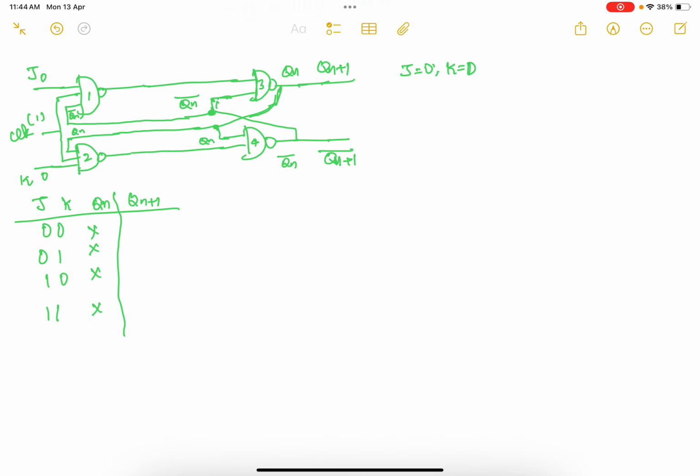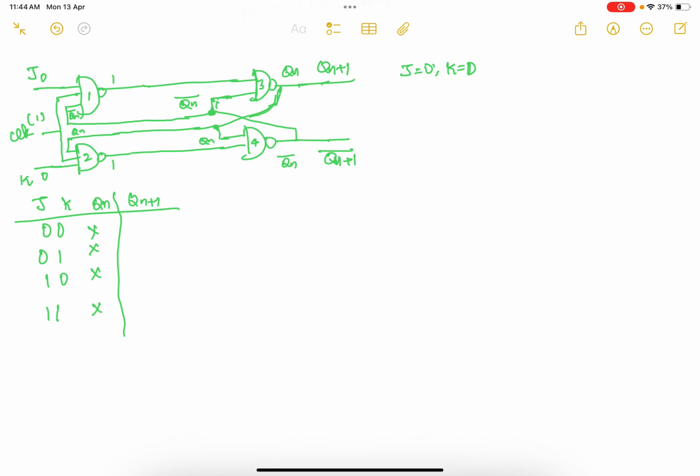One of the inputs for gate number 1 is 0, another input is 1, another input is Qn bar. If any one input is 0, automatically the entire output will become 0. So the complement will always produce 1. Here also, for gate number 2, one of the inputs is 0, which means irrespective of the other two inputs, automatically the output will become 0.